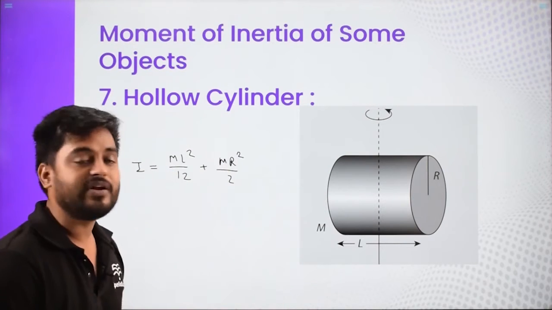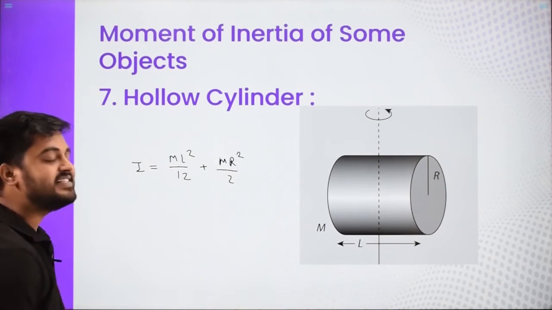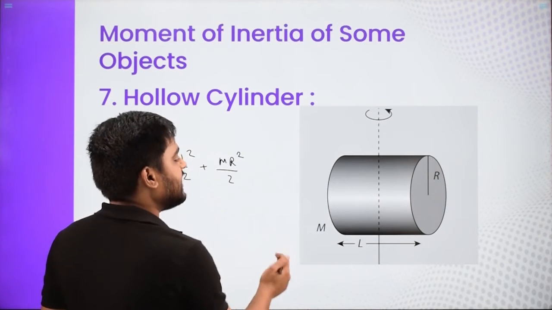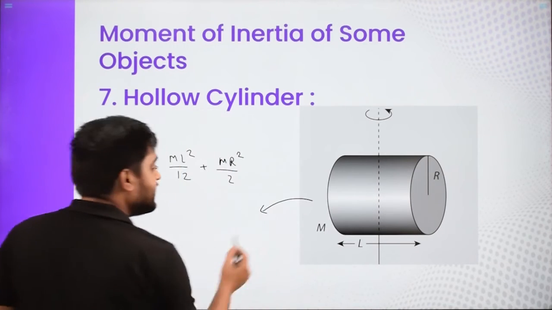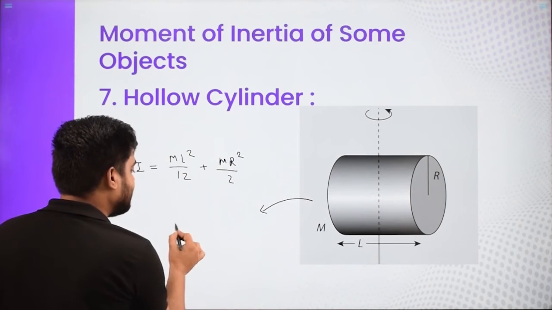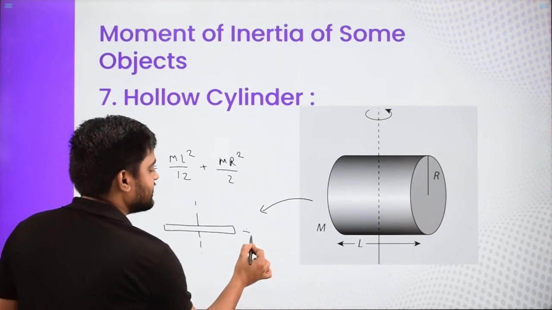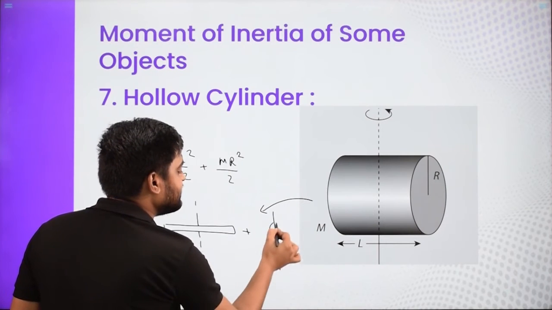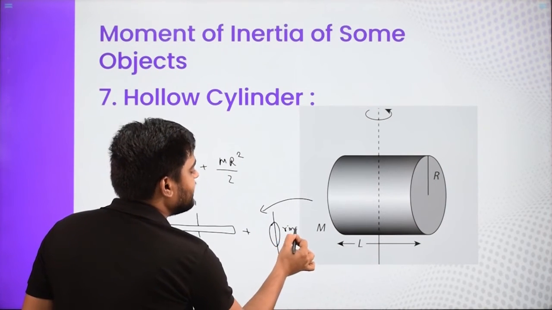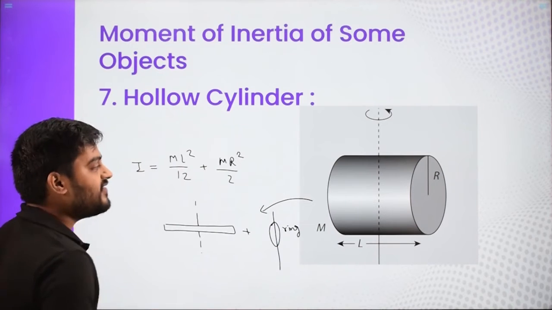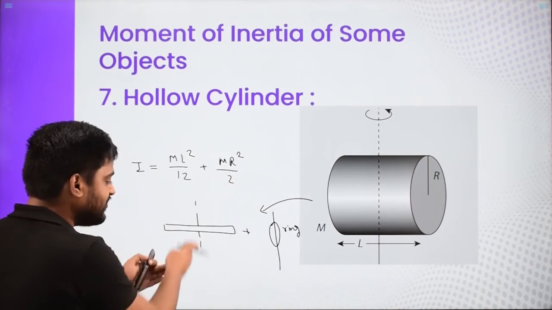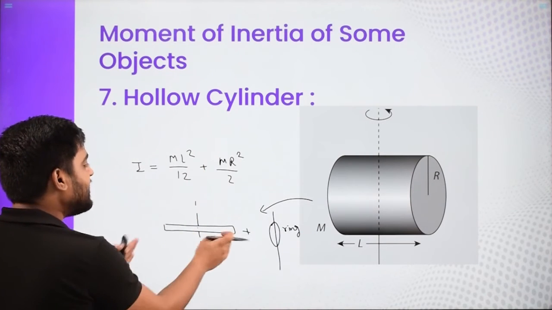It is like a perpendicular bisector. Now here is how you remember it. This hollow cylinder, about this axis, is nothing but like a rod plus a ring, and this axis is like a diameter. So I will say, find the moment of inertia about this axis, which is nothing but m L square by 12.